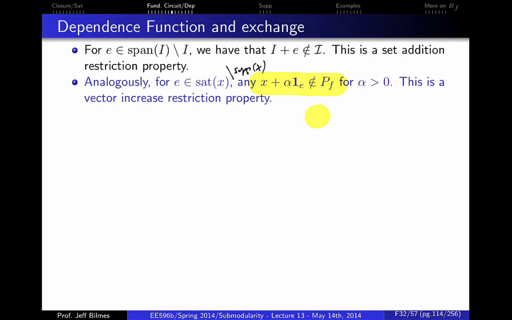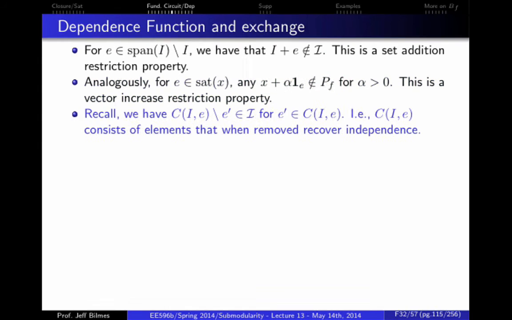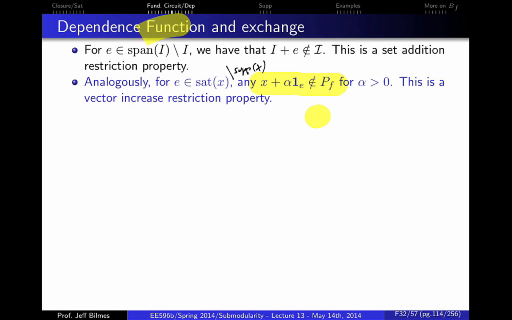So you can see that there seems to be an analogy between span and the independent set, and sat and the sup of an extremal point. Okay. So let's mark this, and this is a really important thing for this guy and this guy.